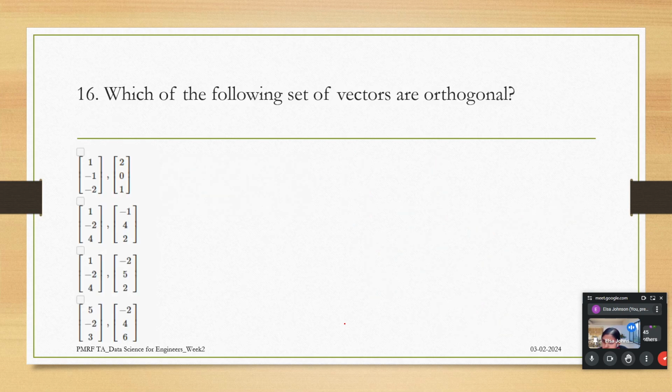Next one is which of the following set of vectors are orthogonal. Saurabh, first you can watch the lecture videos here, and then take a course. I think you can learn from YouTube itself, depending on which language is comfortable for you.